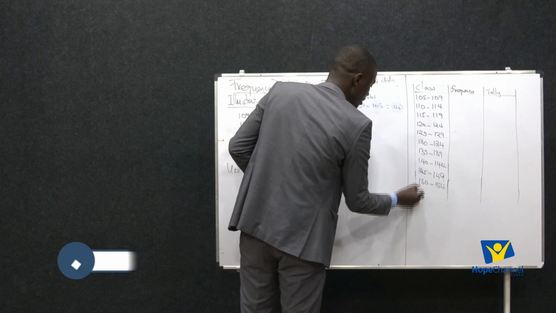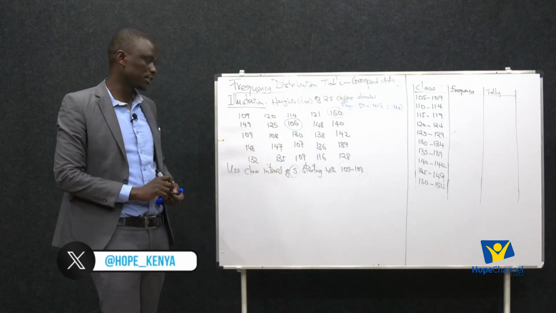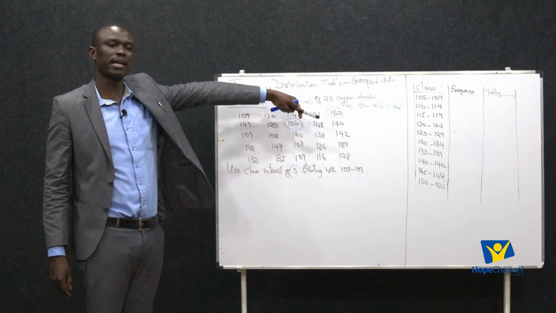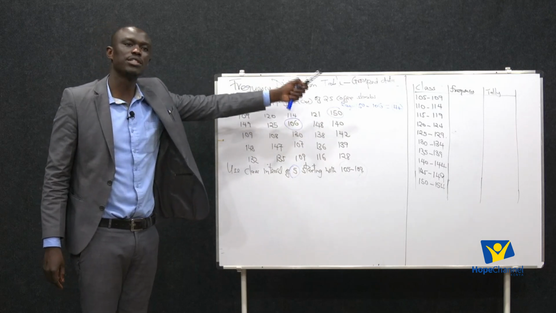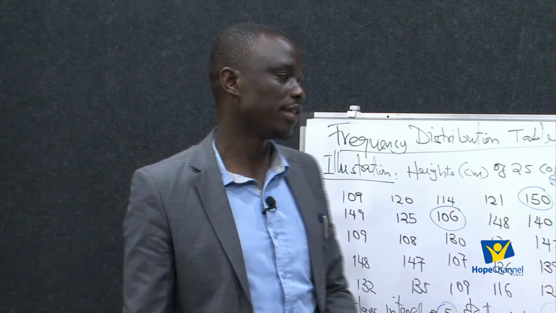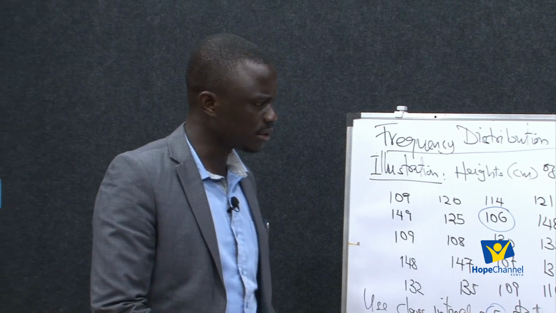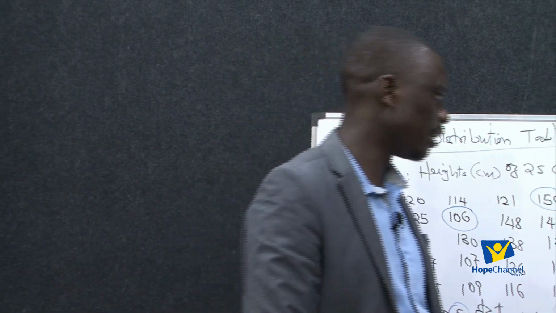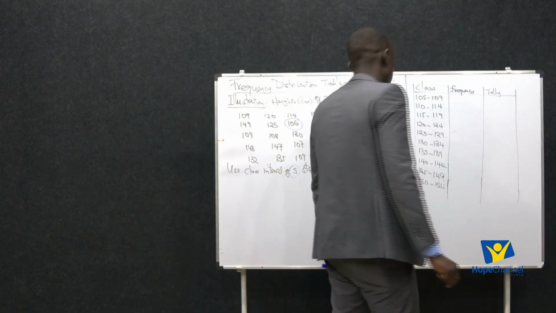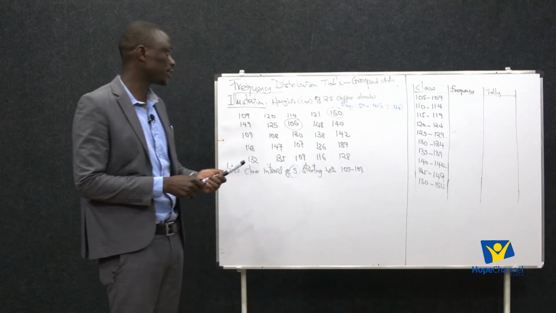Somebody is asking, why can't we stop at 149? We cannot stop at 149 because there is still one data which is not taken care of. The data which is not taken care of is 150, so it will fall into the next class. So we can have that and now count the frequencies.